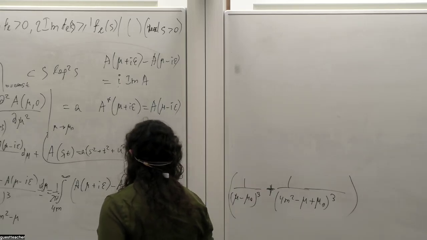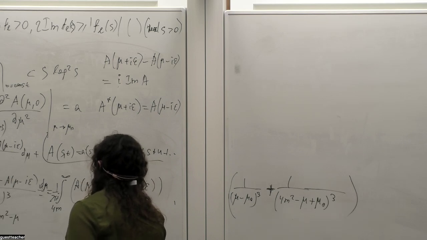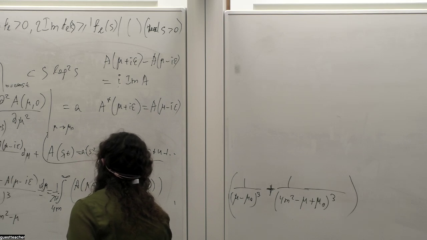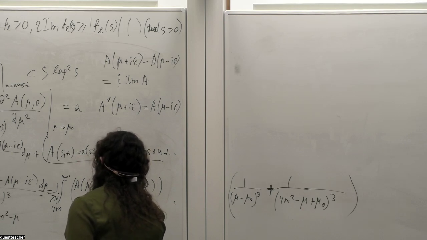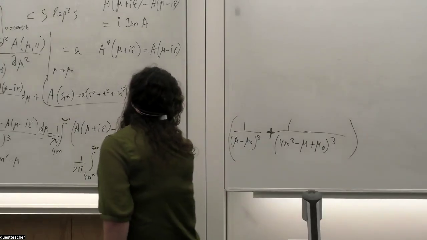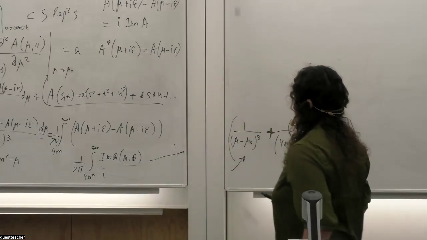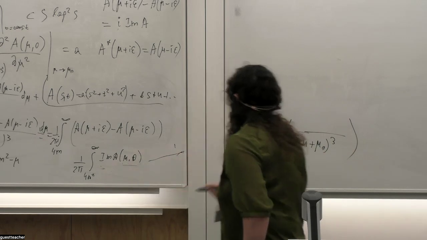Then here I have instead 1 over 2 pi integral of the imaginary part of A taken at t equal to 0, from 4m squared to infinity, and it gets multiplied by the same factor from the same combination of these functions.